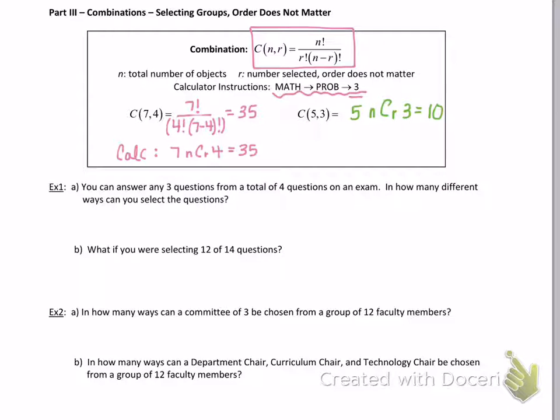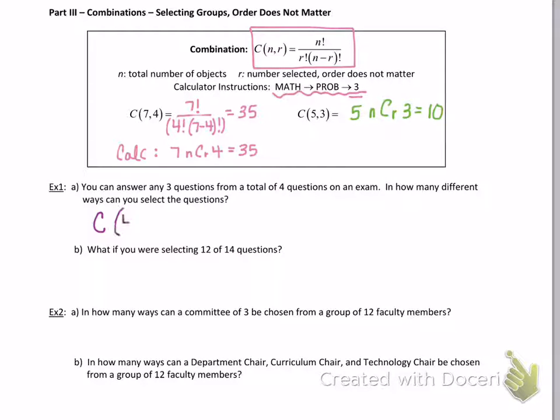This first example says you can answer any 3 questions from a total of 4 questions on an exam. In how many different ways can you select the questions? Well, it's a combination because it doesn't matter in what order you go. Once you turn it in to your teacher, they're not even going to know the order you went in. You just need to answer any 3 of the 4.